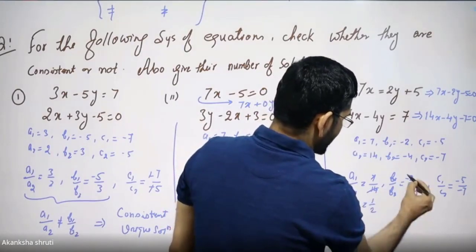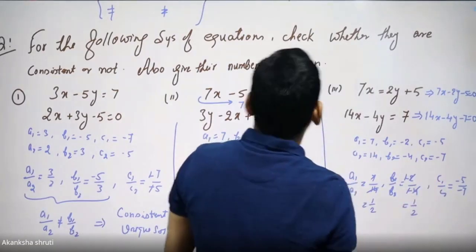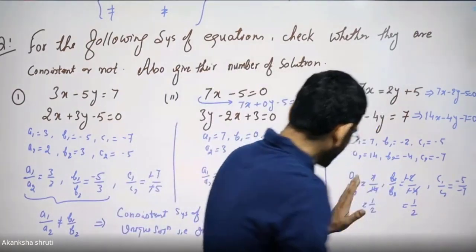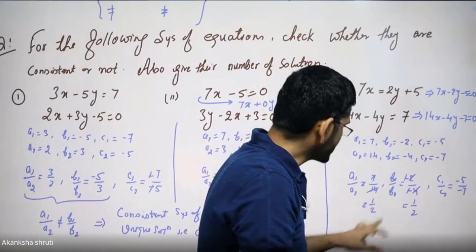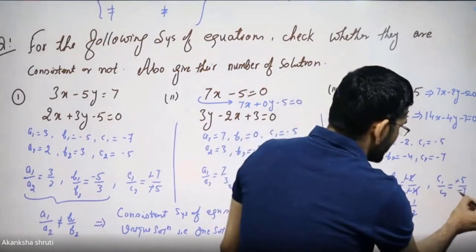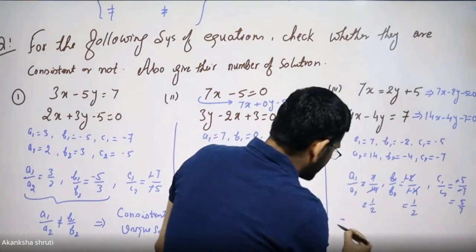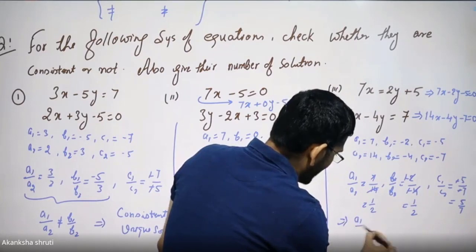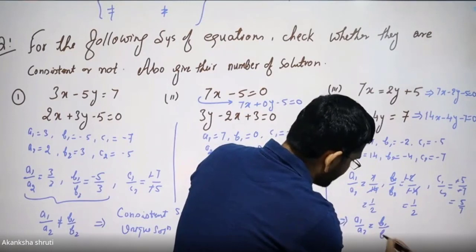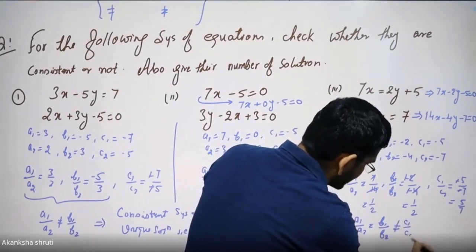The minus minus gets cancelled, and this is also 1 by 2. So what we are getting? A1 by A2 is 1 by 2, B1 by B2 is also 1 by 2, but C1 by C2 is 5 by 7. What we are observing from here? A1 by A2 is equals to B1 by B2, but this is not equals to C1 by C2.